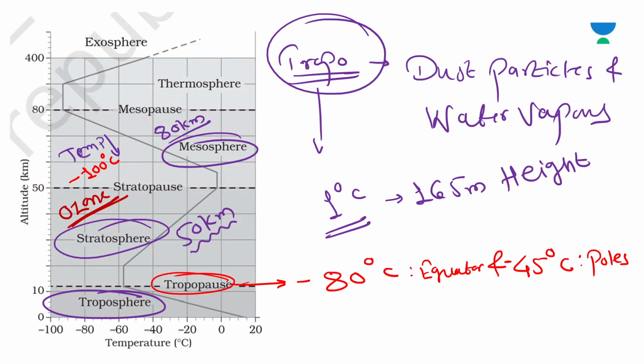The upper limit of the mesosphere is known as the mesopause.